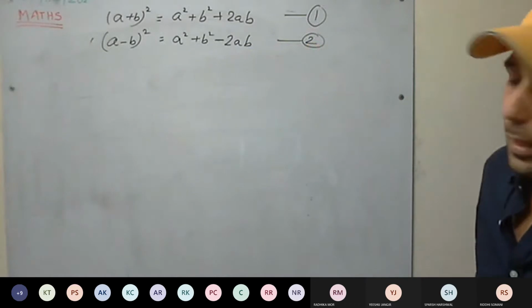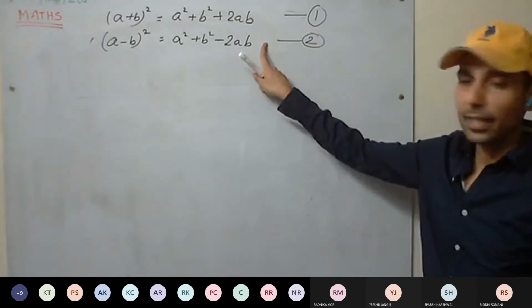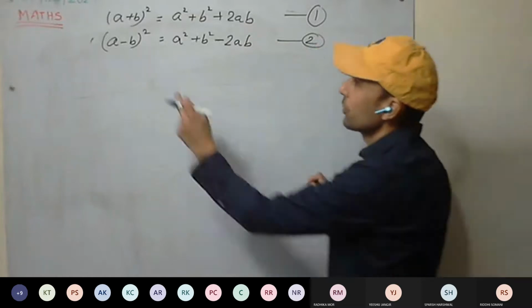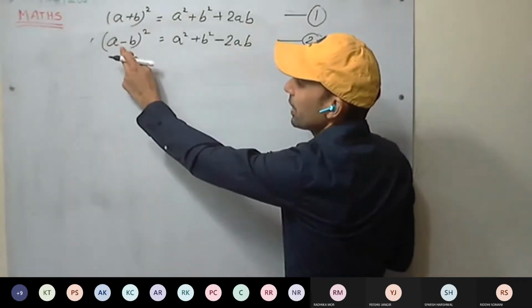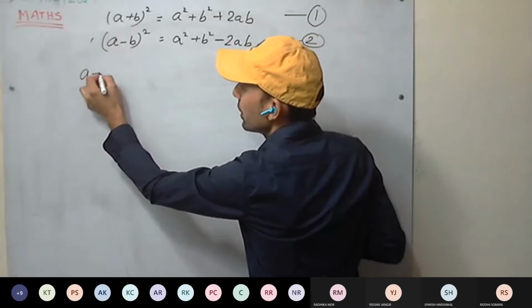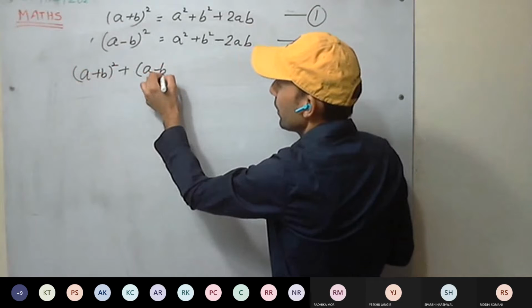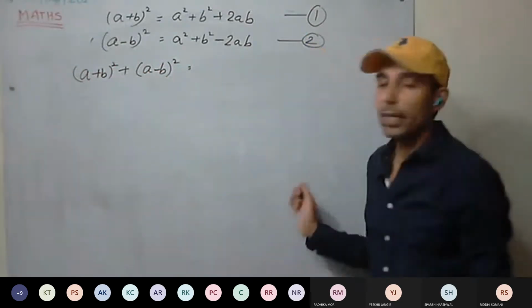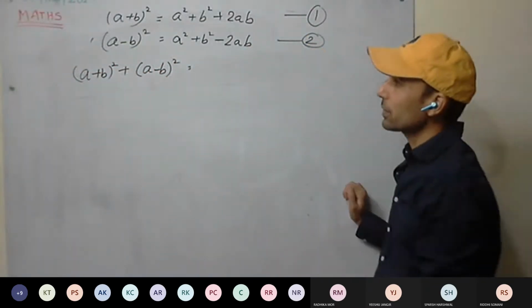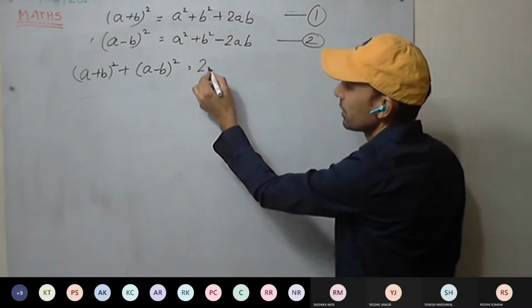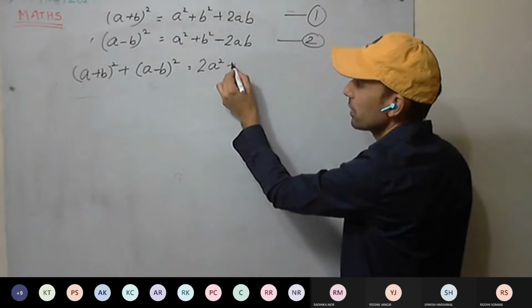Now if I add them, two identities are there. If we add them, what are we going to get? On the left hand side, it will be A plus B the whole square plus A minus B the whole square. On the right hand side, A square plus A square will be how much? 2A square.